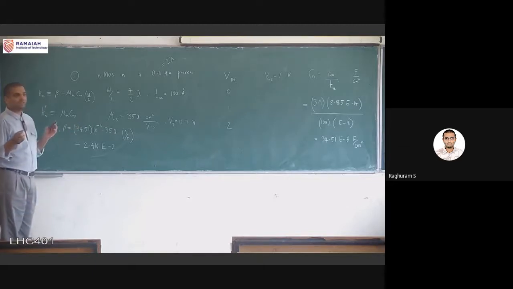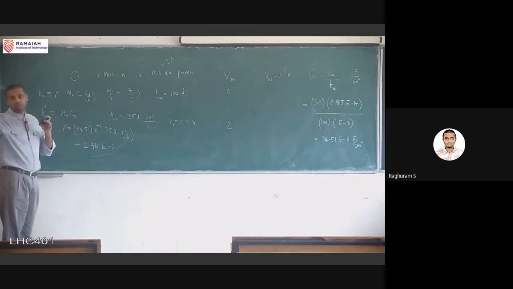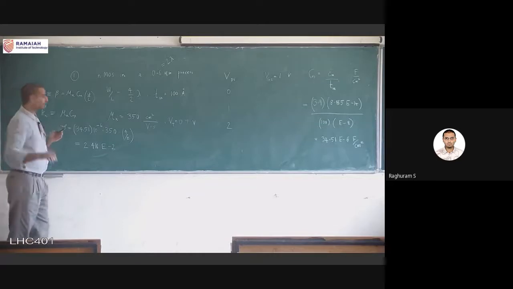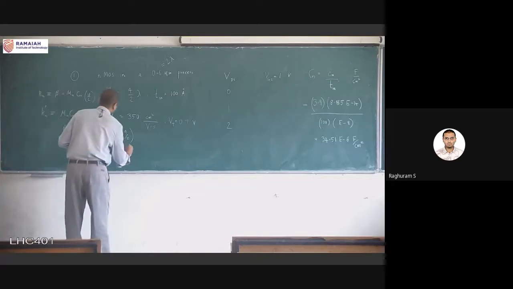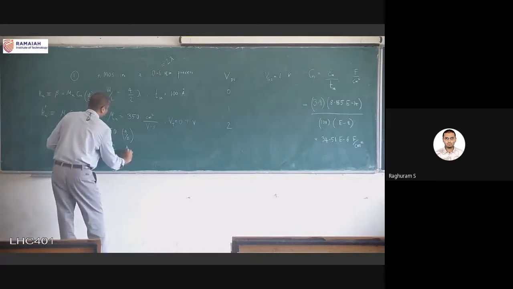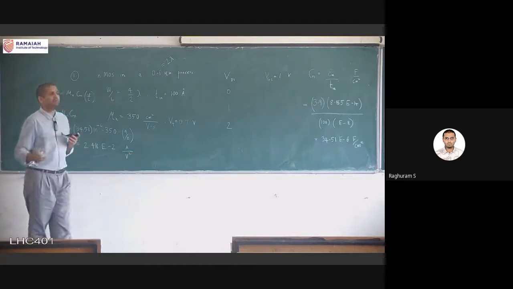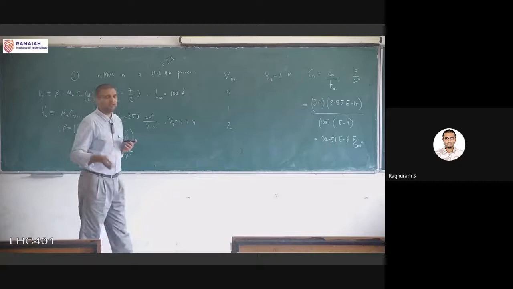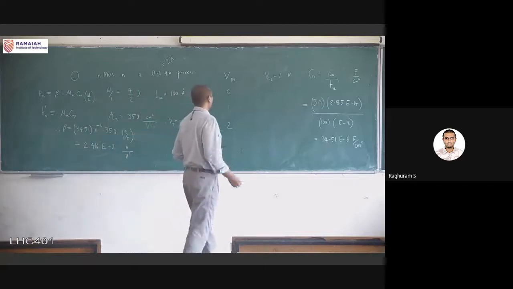If you see the current equation, current equals beta into voltage square. So the units of beta must automatically be amperes per volt squared, because when you multiply it with the volt square, they will both get cancelled, you will get amperes. So that is the value of beta.